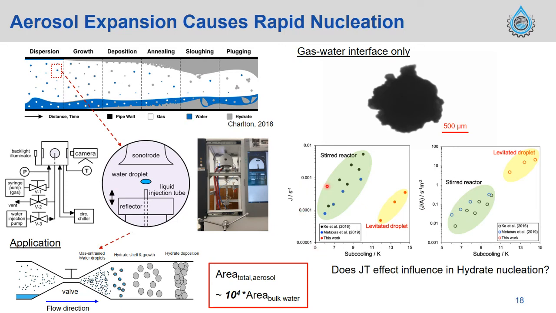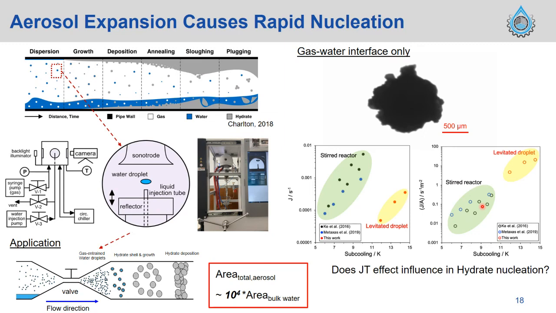When you look at the absolute nucleation rate, our levitated droplet result cannot follow the trend. But when I normalize the nucleation rate to the interfacial area, they are aligned quite well. So probably this means the interfacial area could be dominating the nucleation rate.